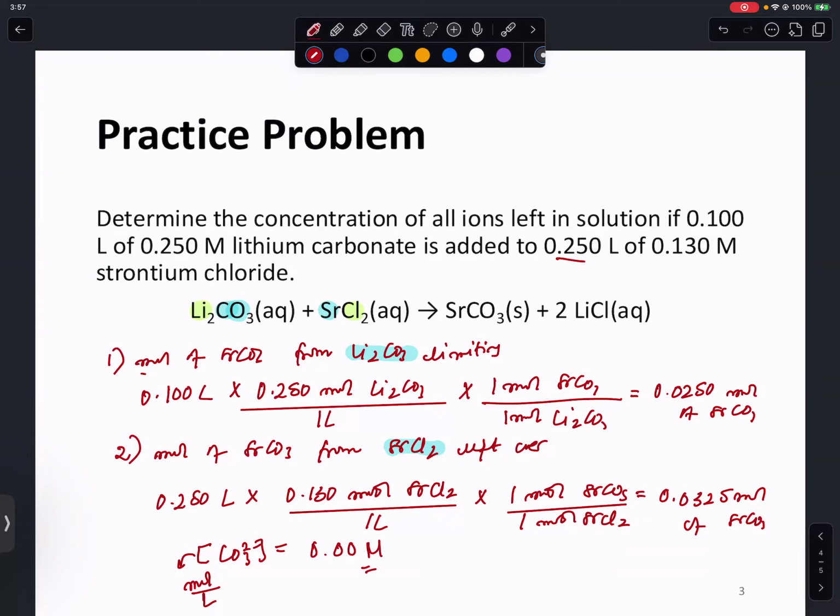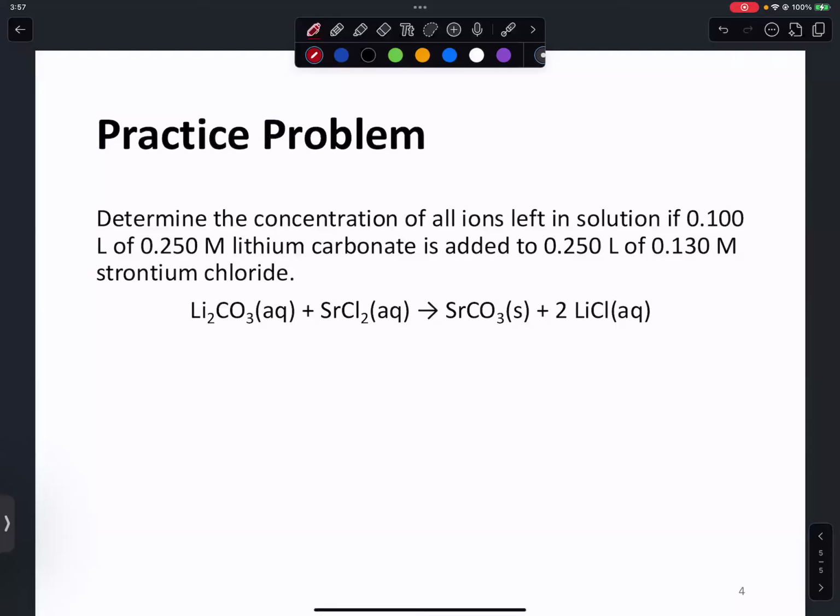And now I need to determine the excess strontium ion that is left over. So let's move to the last slide right here, and we will again perform the same procedure to determine how much of the strontium ion is left.